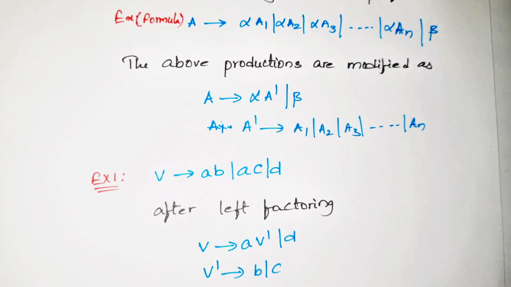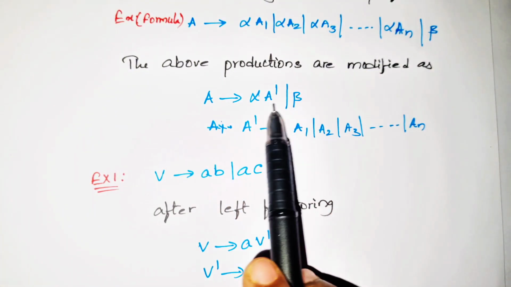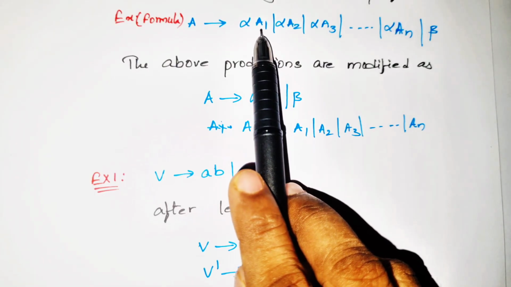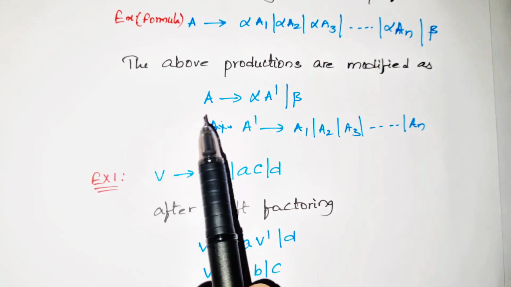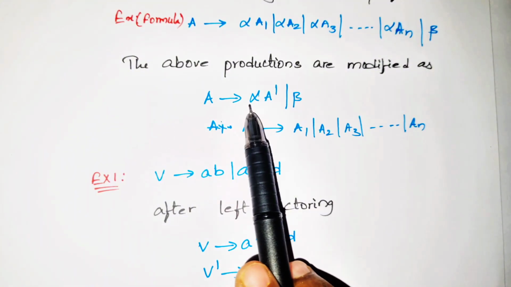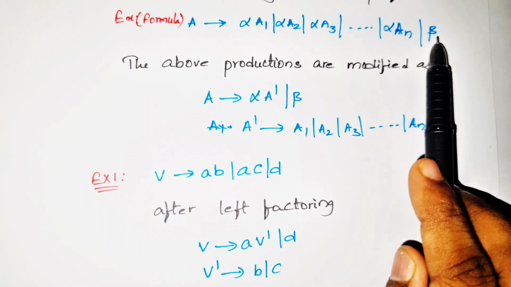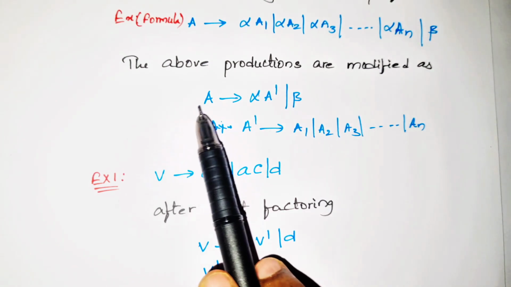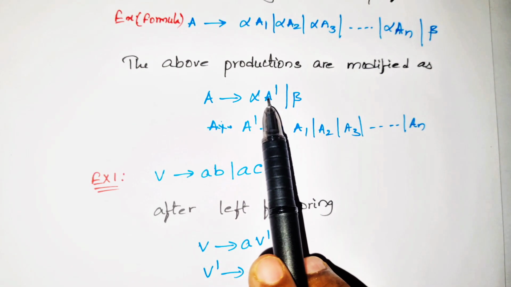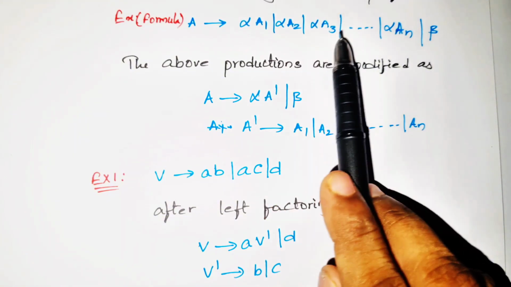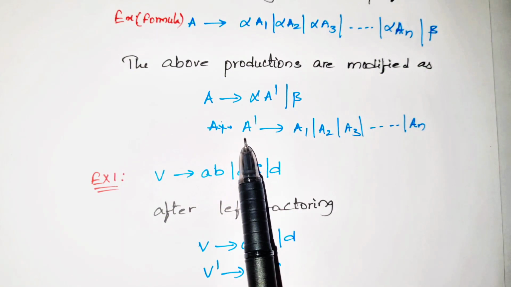After performing left factoring, we will take alpha common, and we are placing A dash in place of A1, A2, and so on to AN. See here, A goes to alpha A dash. In beta you are not having alpha, so it will be as it is, means A goes to beta will be as it is. What is changing? A1, A2, A3, AN, all in this place I am taking A dash.